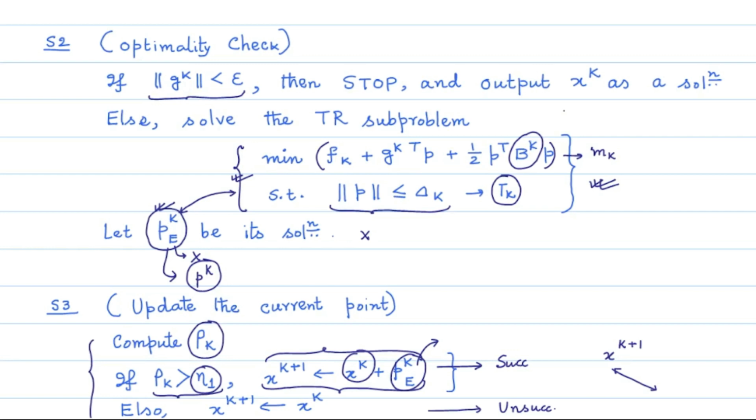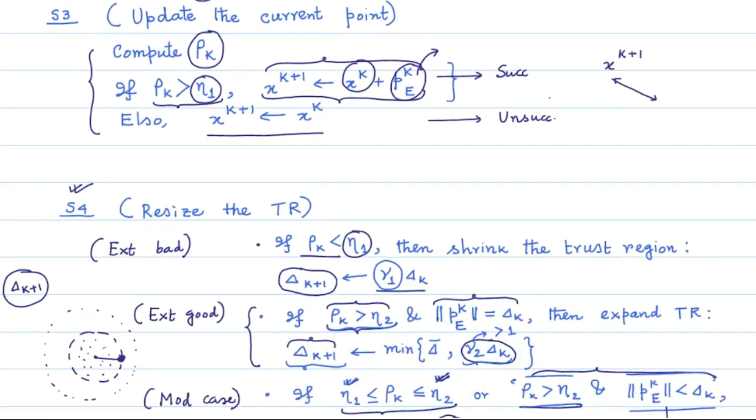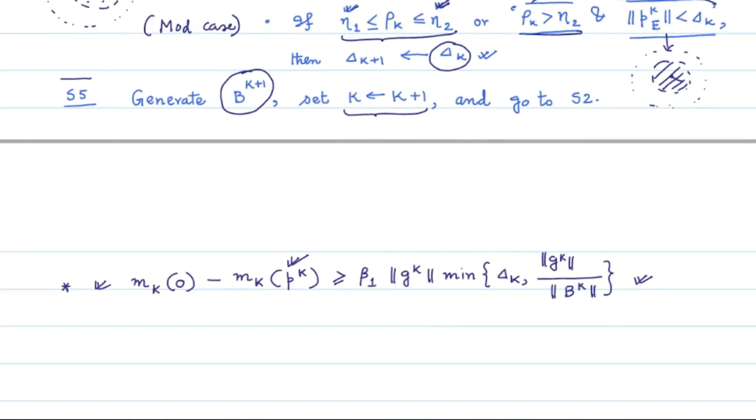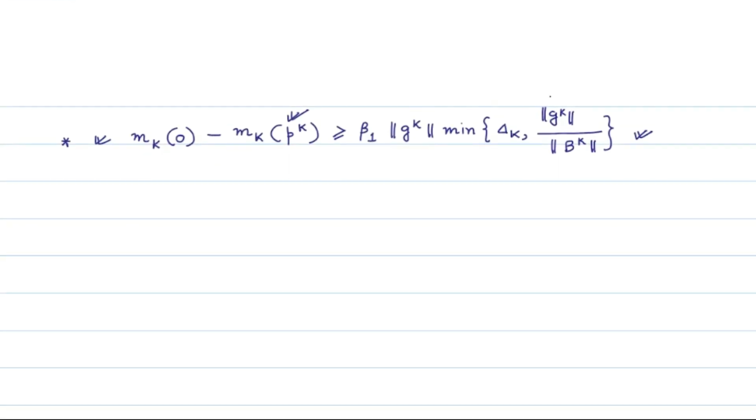Now next we will describe a concept called Cauchy point to identify an approximate solution of the trust region subproblem at which this condition will be satisfied.